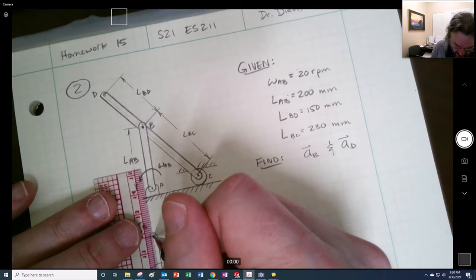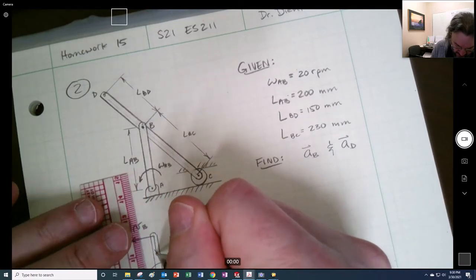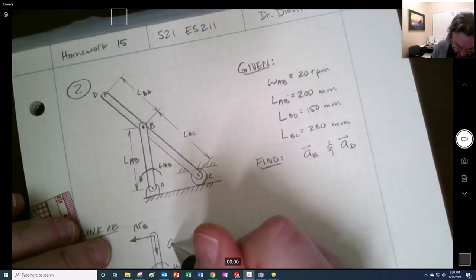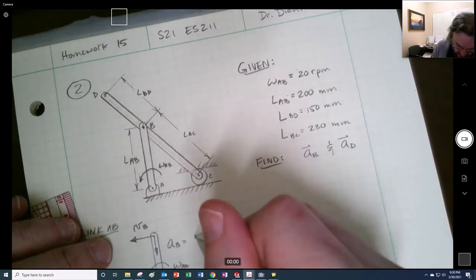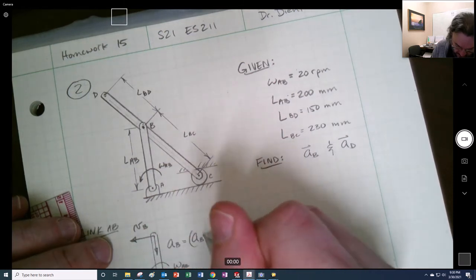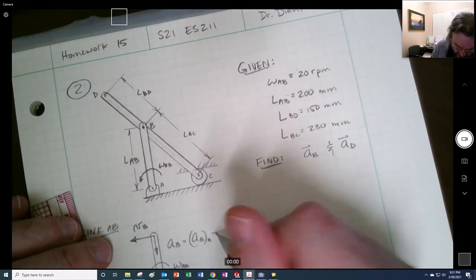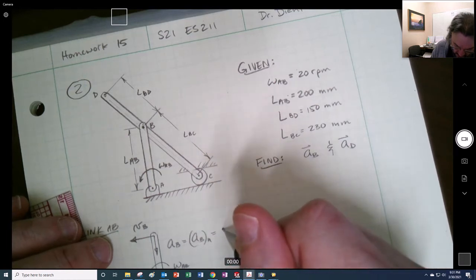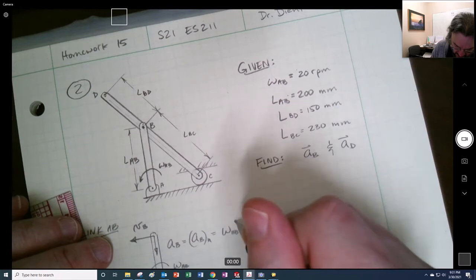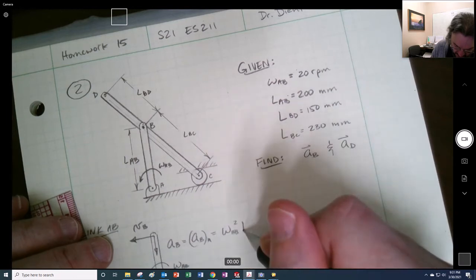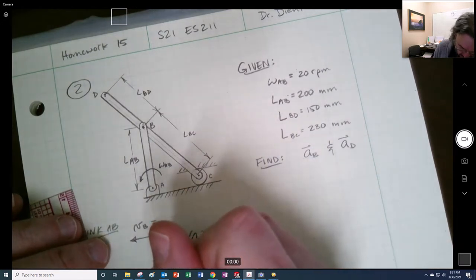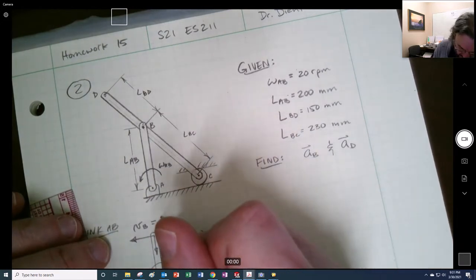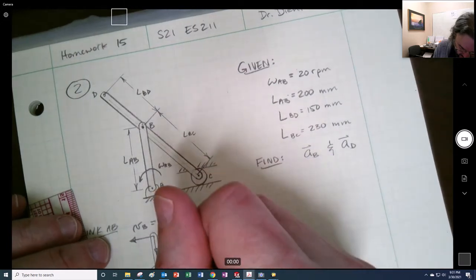There's also going to be an acceleration. So the acceleration of B is going to be the acceleration of B in the normal direction, which is omega AB squared times LAB. I also should say that the velocity here is speed really.